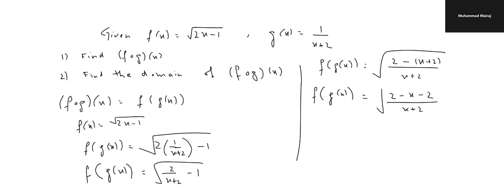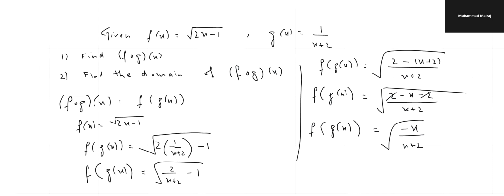And the 2 cancels out with positive and negative signs. So f of g of x is equal to the square root of minus x divided by x plus 2, right? So this completes the first question, which is f circle g of x, and that is equal to f of g of x, which is equal to the square root of minus x divided by x plus 2.